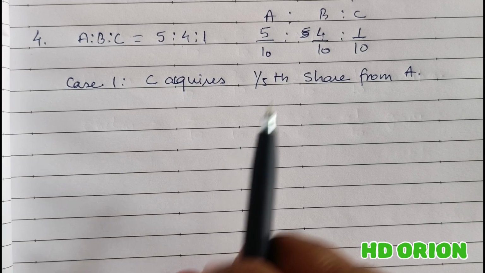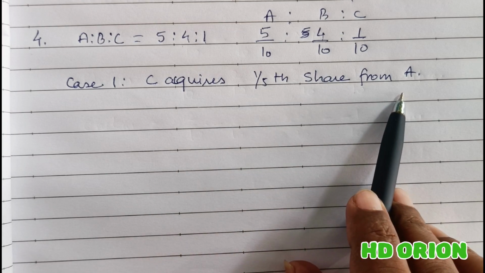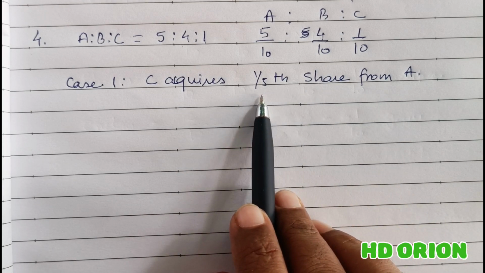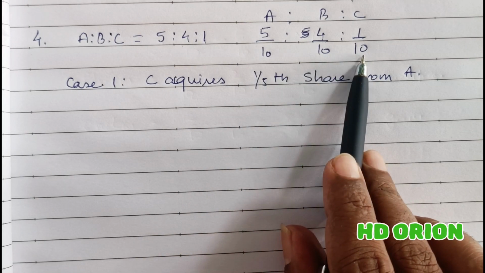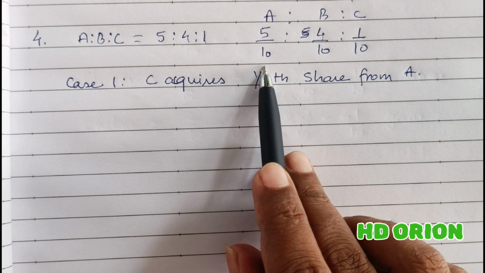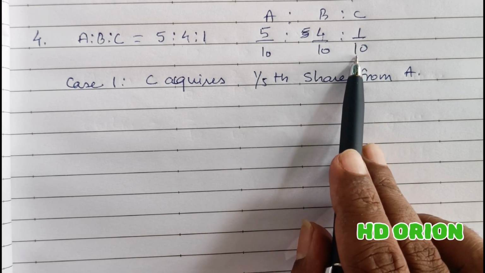Now in case 1, C acquires 1/5 share from A. Now what does this sentence mean? 1/5 share from A means that out of the total profit, C is acquiring 1/5 share from A. And what are these? These are the shares in the total profit. A is getting 5 by 10th of the total profit, B is getting 4 by 10th and C is getting 1 by 10th.